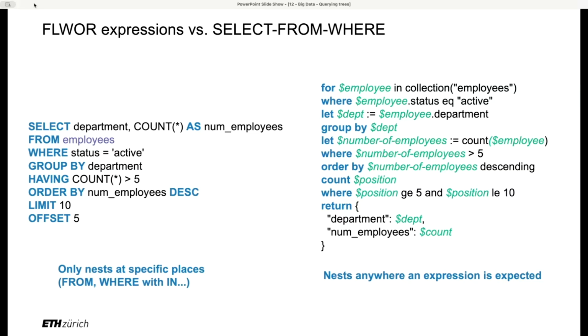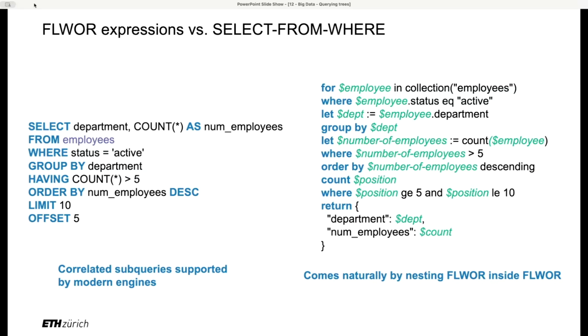But since JSONiq and XQuery are a Lego game, the FLWOR expressions can be nested absolutely anywhere. Anywhere you would expect an expression, you can also put a FLWOR expression. You can even put a FLWOR expression inside a plus, as long as it returns in the end only one value. Right? You can also nest it inside absolutely anything. All right, who is still with me? Very good. Next one.